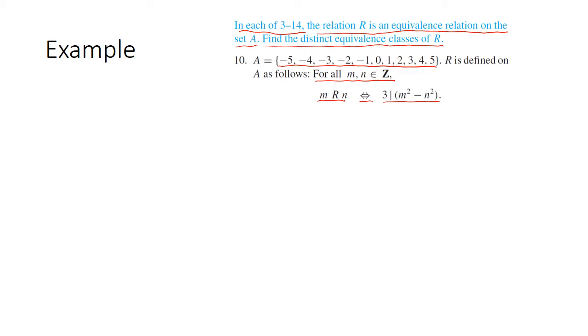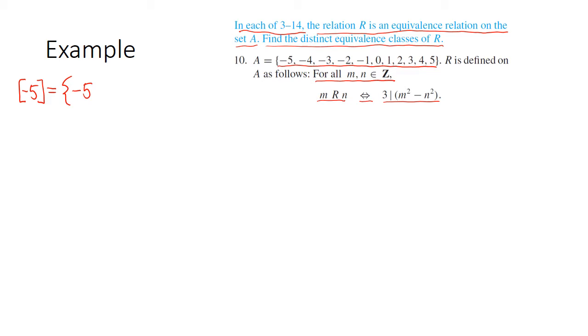Okay, so what I have to do here is just go through all of these elements of the set A and figure out what all is related to them. So I'm just going to start with -5. I know that -5, of course, is in its own equivalence class because this is an equivalence relation, and also because -5 squared minus -5 squared is 0, and 3 divides that.